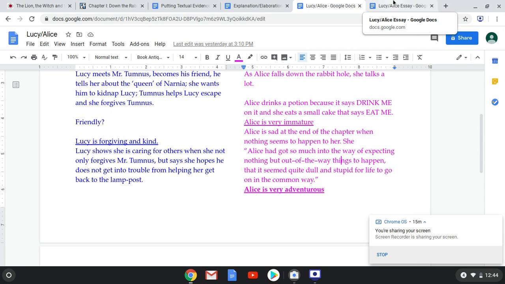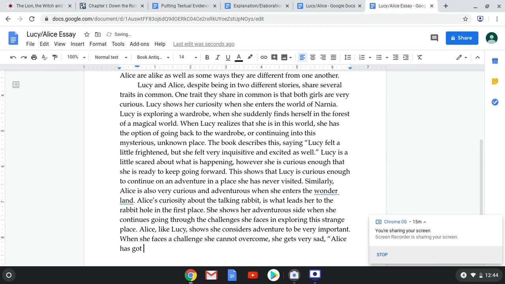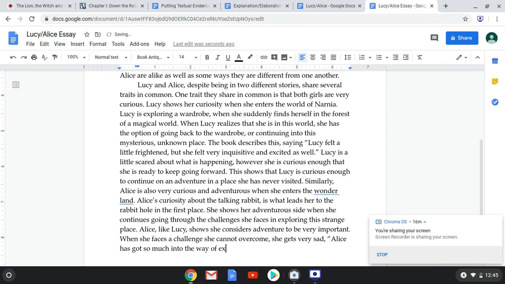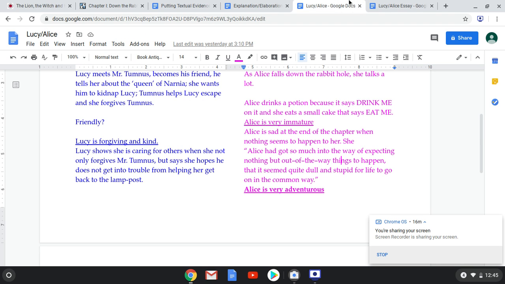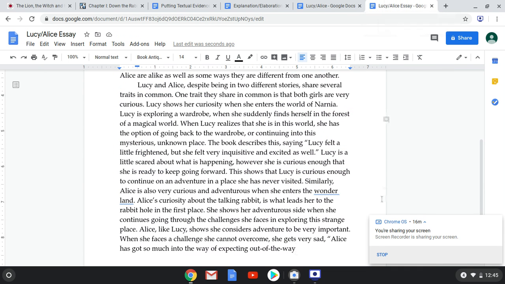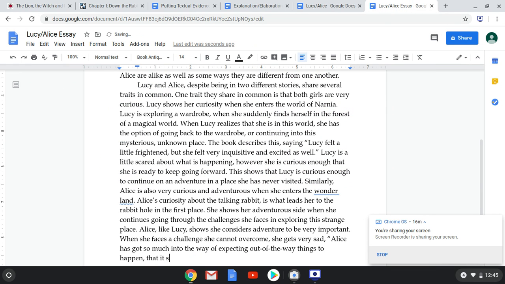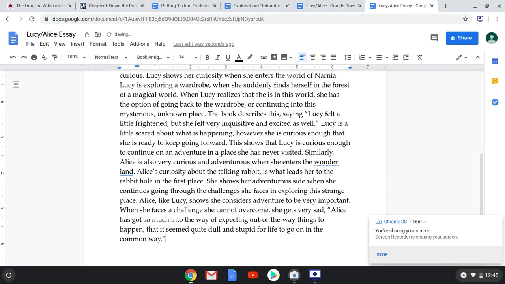Alice had got so much into the way of expecting nothing but out of the way things to happen, comma, that it seemed quite dull and stupid for life to go on in the common way. Is it this? I have to check. Might not be.